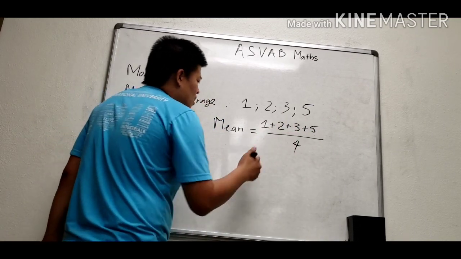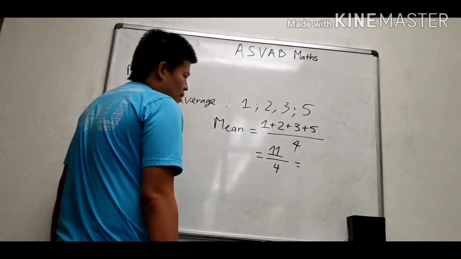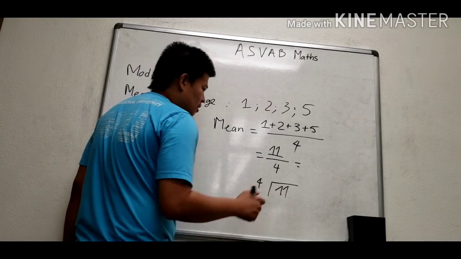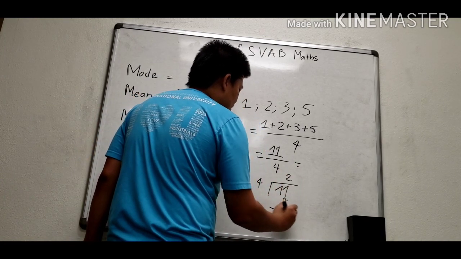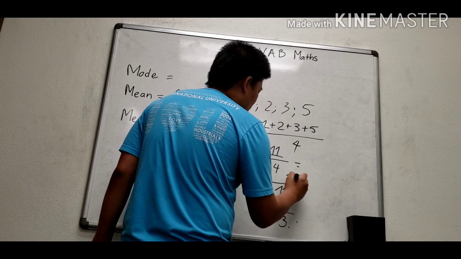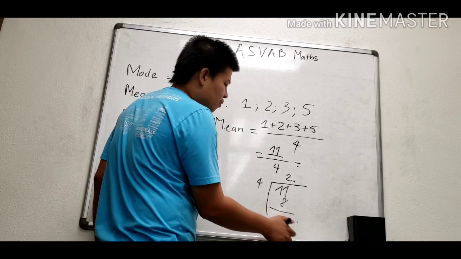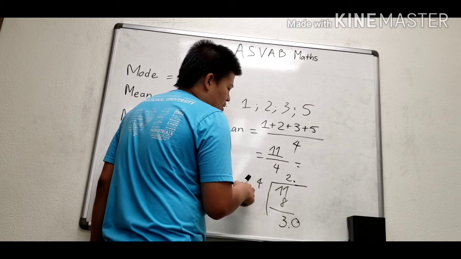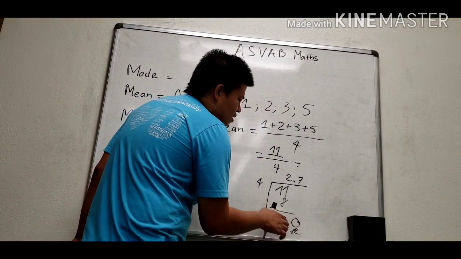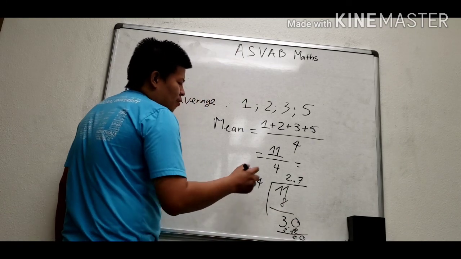We sum them together and get 11, divided by 4. Let's do 11 divided by 4. 4 goes into 11 twice, which is 8. 11 minus 8 is 3. Then we bring down a 0 to get 30. 4 goes into 30 seven times, which is 28. 30 minus 28 is 2. Then we bring down another 0 to get 20, and 4 goes into 20 five times.